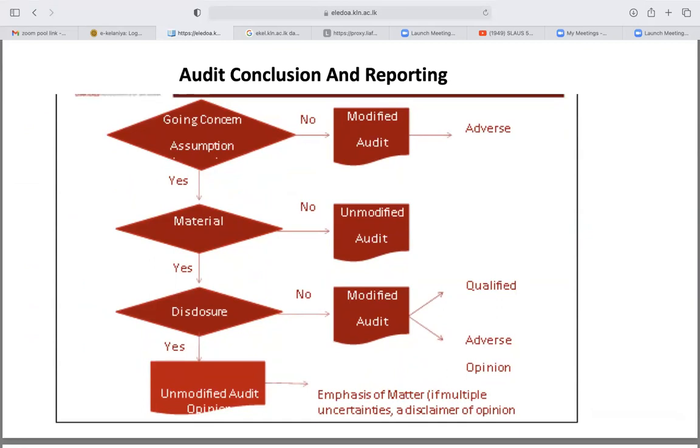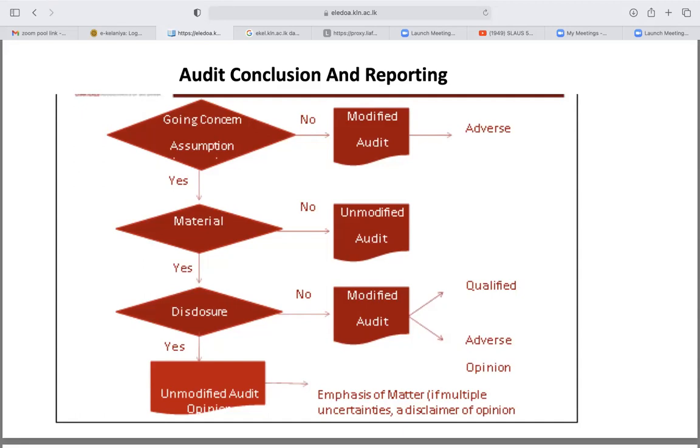If there is a going concern issue, and it is material, and it is disclosed, then we need to express an unmodified audit opinion.